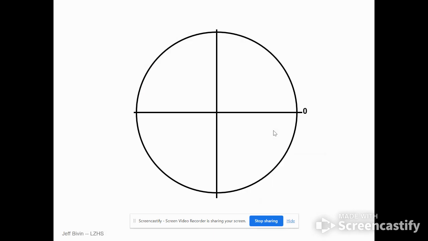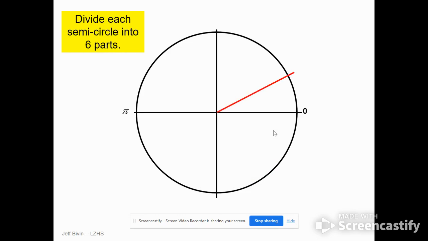Now for the 30 and 60, these are also going to go together. We're going to divide the circle into 6 parts. So we're going to start with pi over 6. So that's 1/6. 1/6 plus 1/6 is 2/6. So 2/6 is going to reduce. Then we're going to go 3/6, then 4, then 5/6, then pi is 6/6.